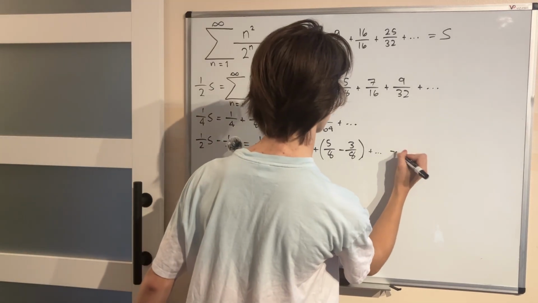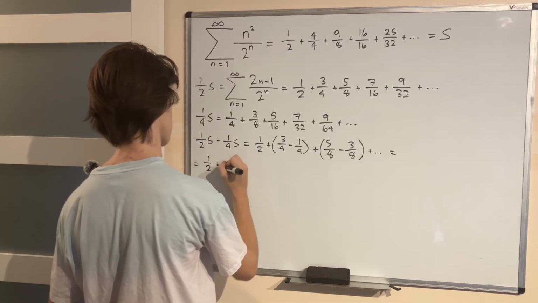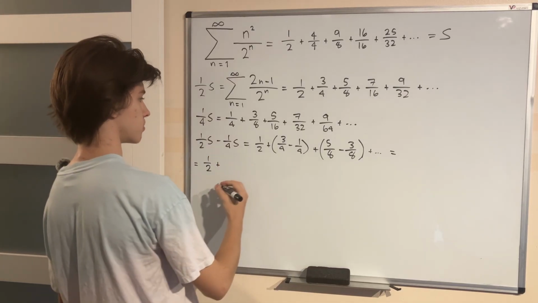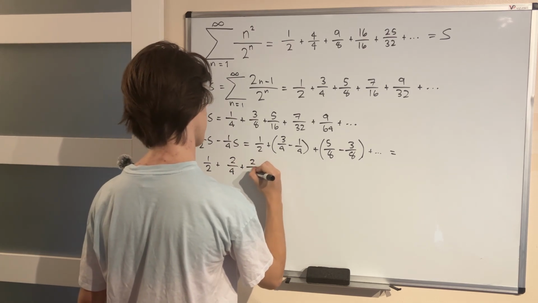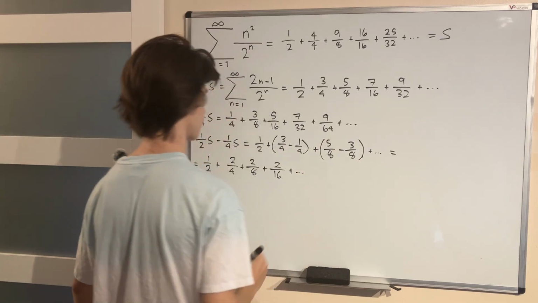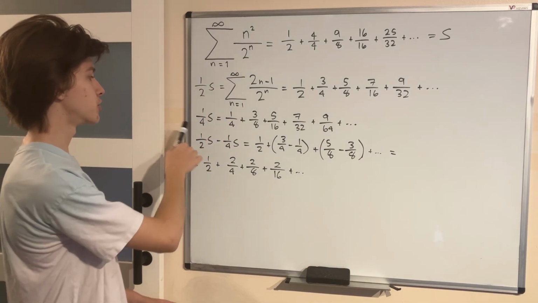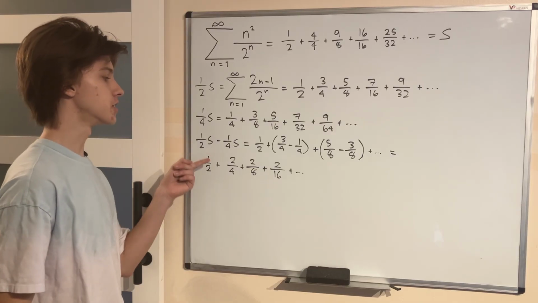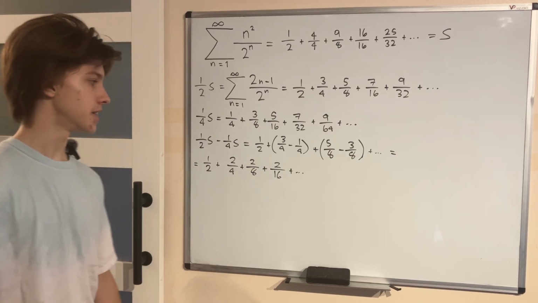And we can rewrite this sum in a more readable way now as this 1/2, which is really the oddball here, plus 2/4 plus 2/8 plus 2/16, and so on. And as our hypothesis was confirmed by doing the exact same procedure of having it and subtracting it, we get a geometric series where the numerator is the same.